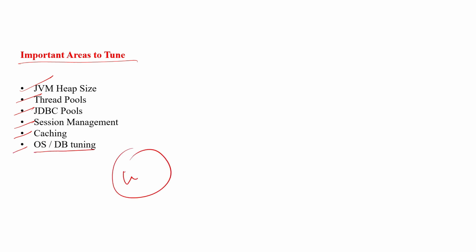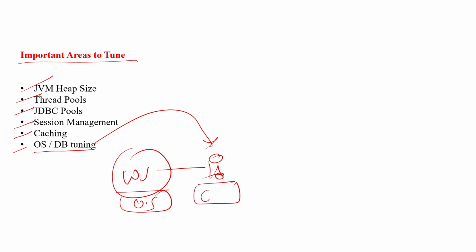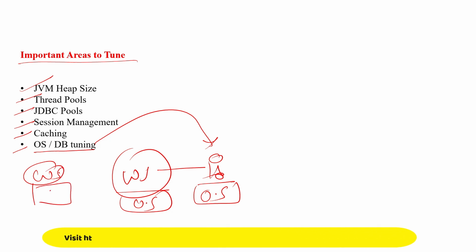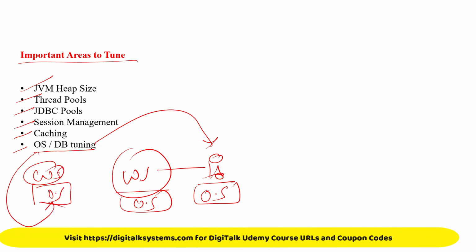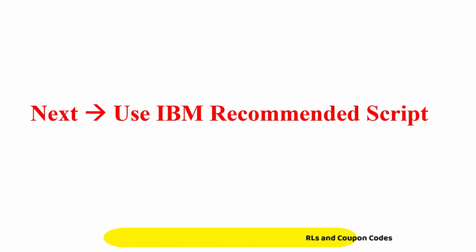Because your WebSphere or your application is connecting to the database, so you need to tune the database as well. And this WebSphere is running on an operating system. Database is also running on an operating system. Your web server is also running on an operating system. So that means there would be tuning of the operating system as well. Correct. So these are the major areas that we are going to cover in this complete series.